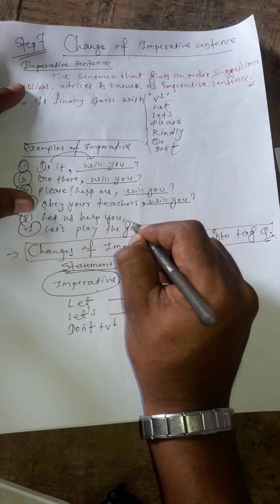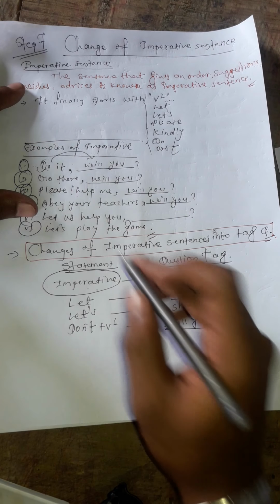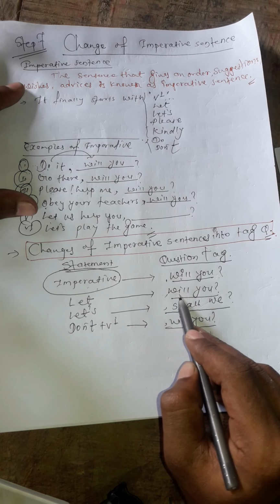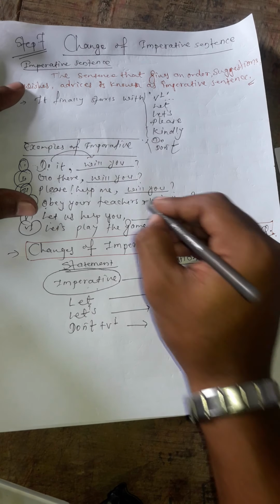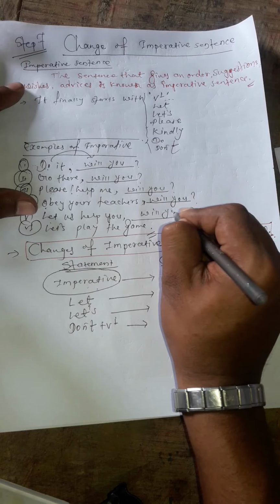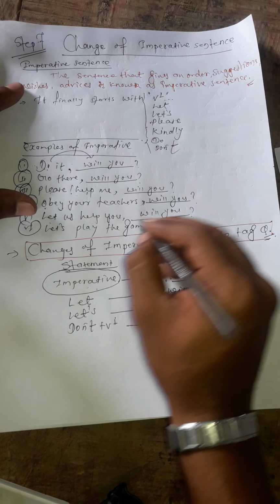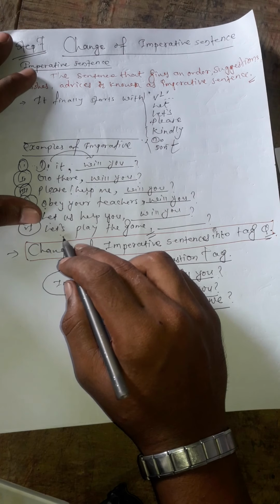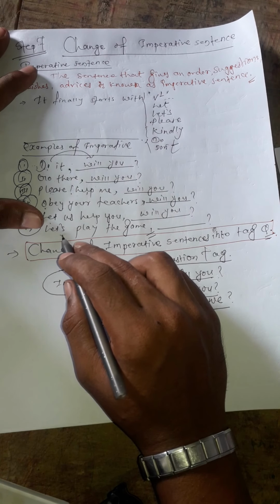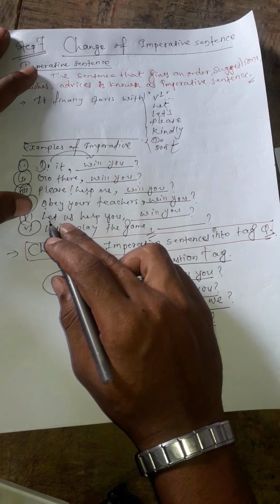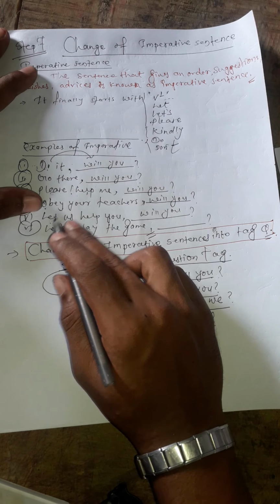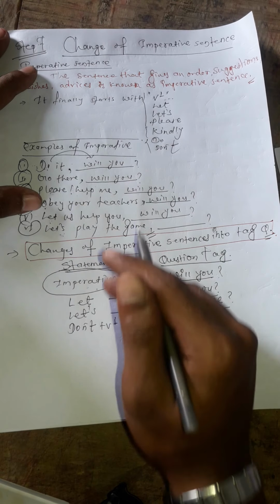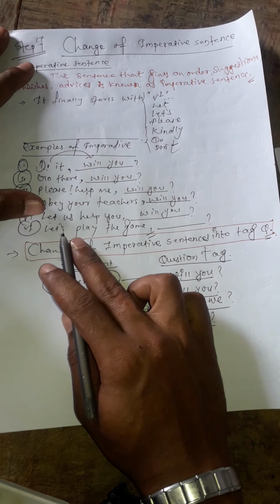Let us help you. It is started by let. You have learned that if there is let, you have to write will you. So right here, will you. And let's play the game. That is known as let us play the game. But it is written let's. In the above, let and us are separate, but let's is in the same line, in the same tone.